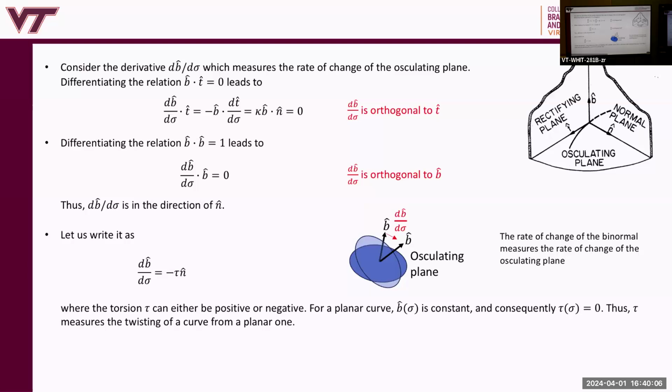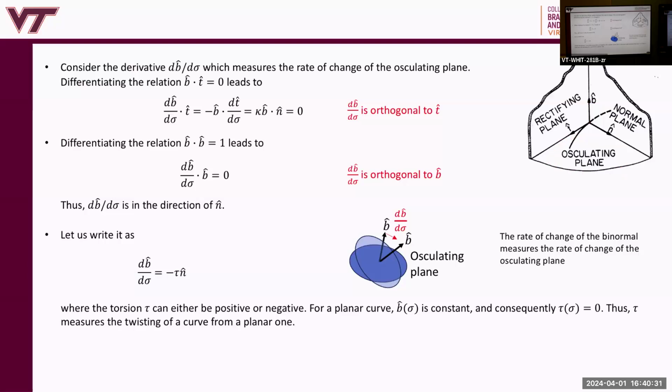Let's consider the derivative of the binormal now. The derivative of the binormal, dB d sigma, measures the rate of change of the osculating plane. Why is that? We have the osculating plane here, which is the plane spanned by t and n. The normal to that plane is b.